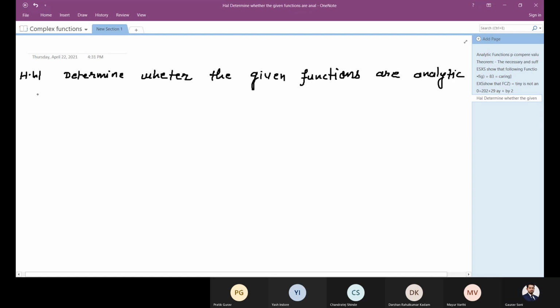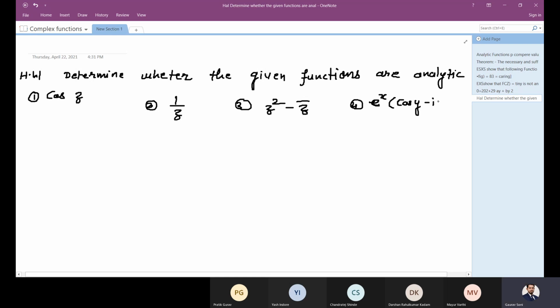First one, cos of z. Second, 1 upon z. Third one, z square minus z bar. Fourth one, e to the power x in bracket cos y minus i sin y.